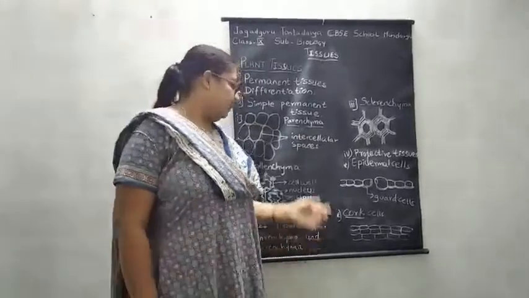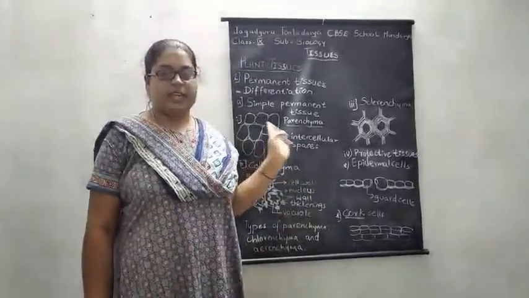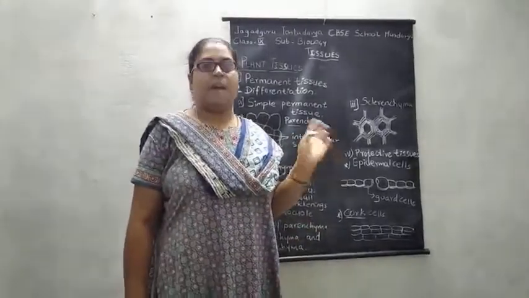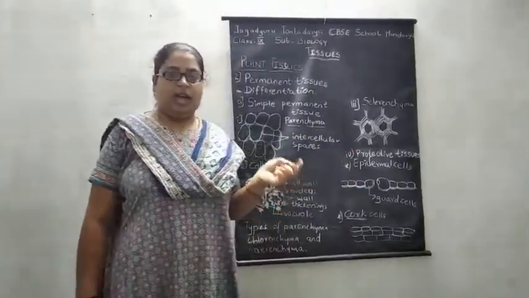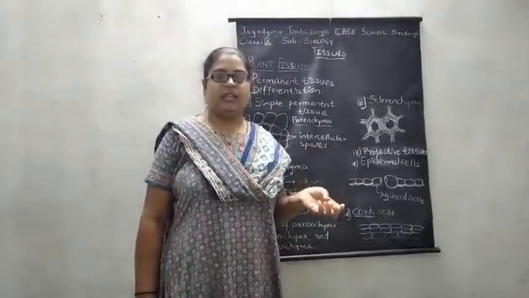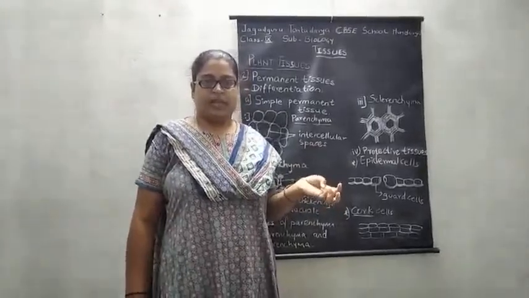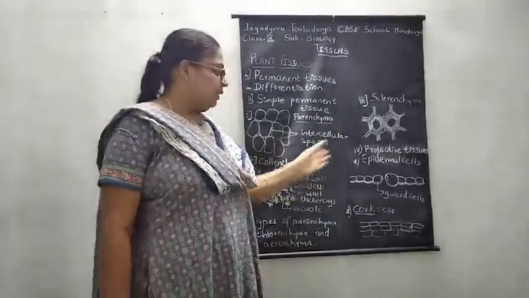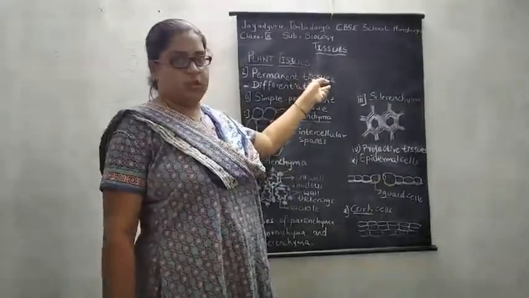These groups of cells are present in different parts of the plant and are mainly specialized in their functions. All these you are seeing are types of permanent tissues.